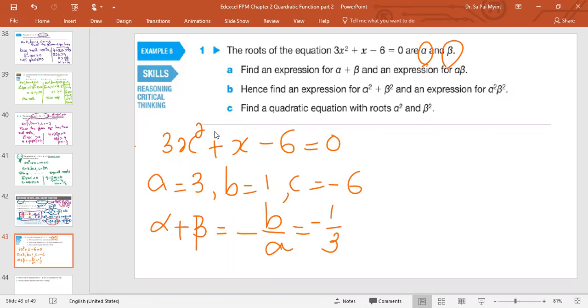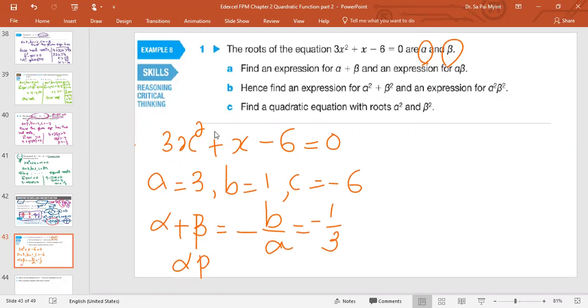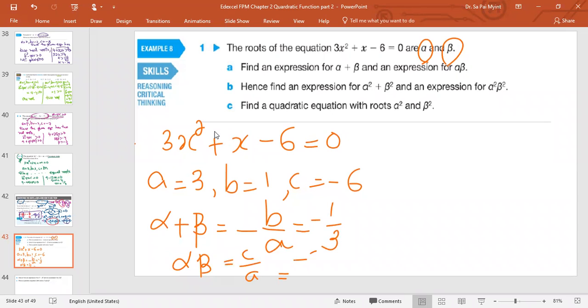What is alpha beta? Alpha beta equal to c by a. c is negative 6, a is 3. What do you get? Negative 2. Okay, part a is finished.